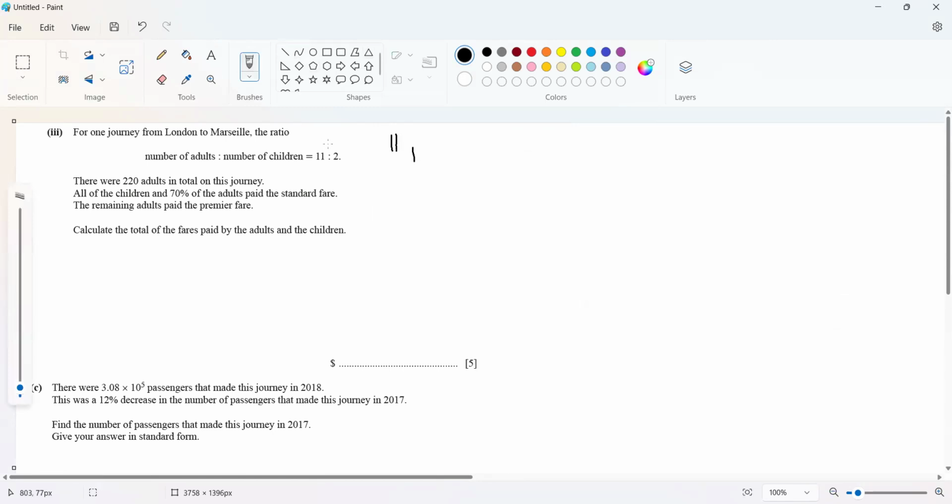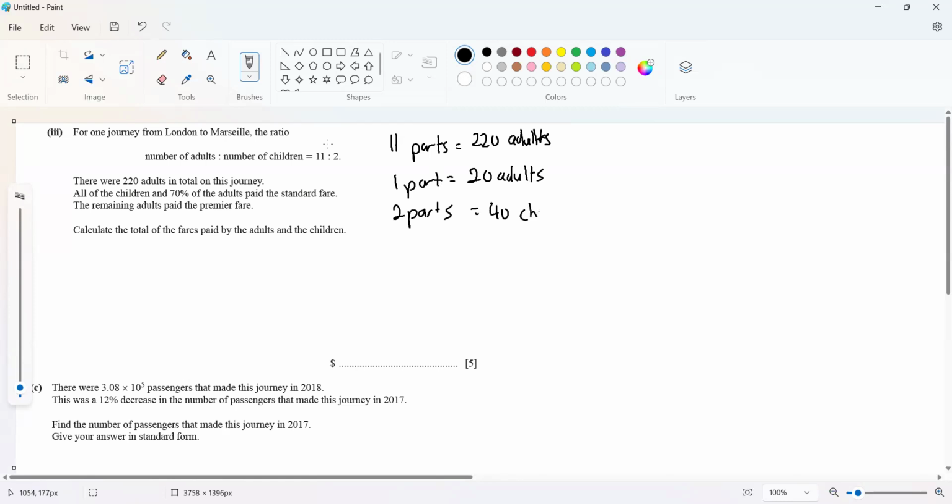So we know that according to the ratio, 11 parts is equal to 220 adults. So from here, 1 part is equal to 20 adults. So 2 parts is equal to 2 multiplied by 20, which would simply be 40.